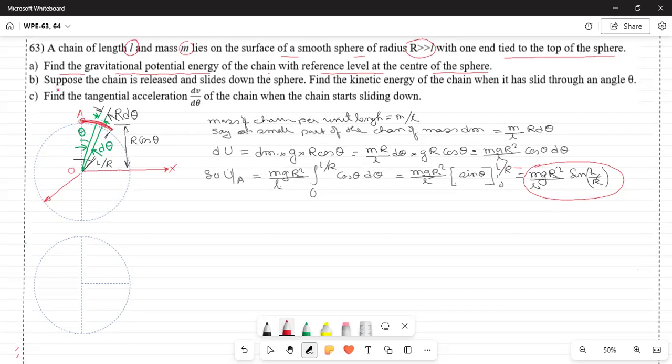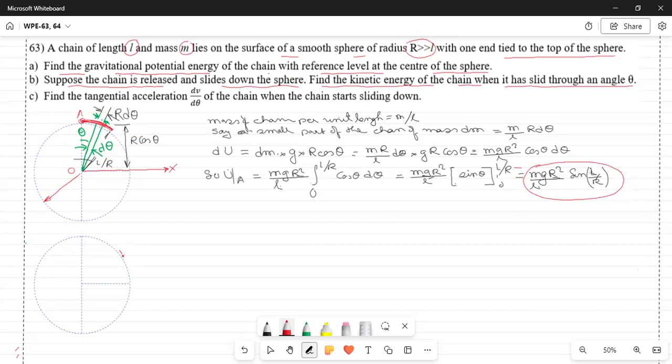Second part of the question: suppose the chain is released and slides down the sphere. Find the kinetic energy of the chain when it has slid through an angle theta. Now this first picture has become so clumsy, so we draw a second picture.